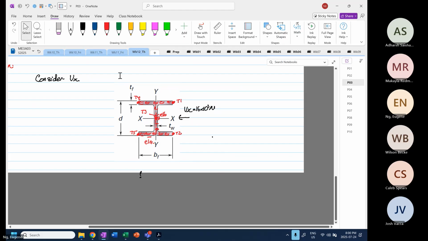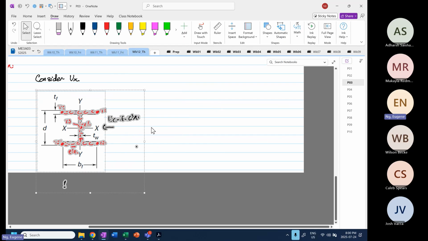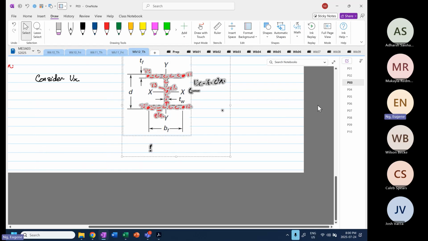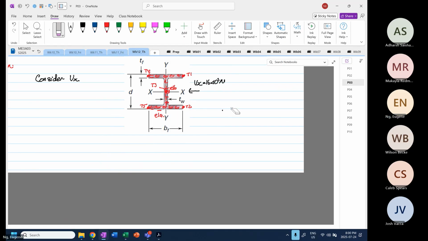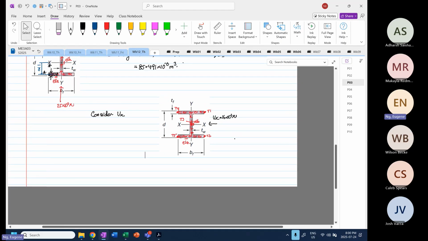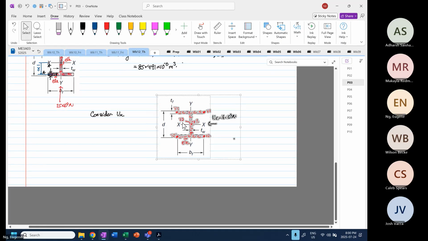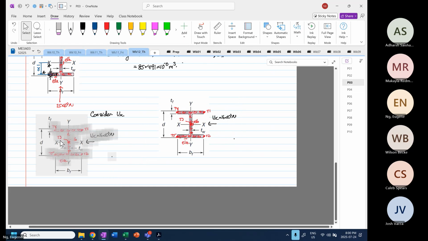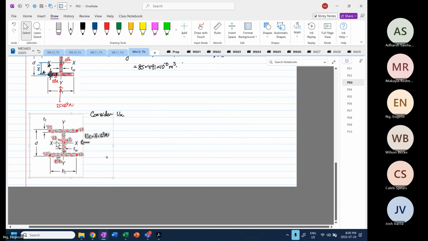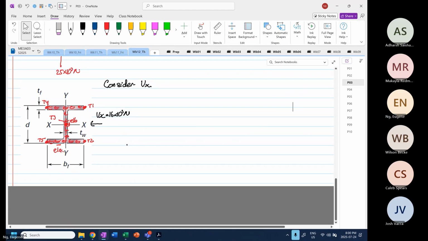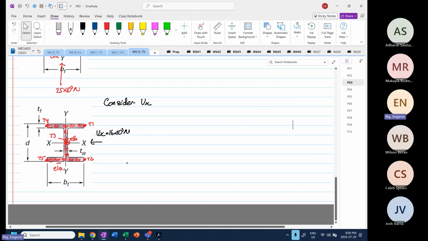Okay. So now we consider our Vx now. And you realize that the second moment of area is the same, but the first moment of area is not the same. Okay, I'm going to put it down here. So Vx, we know.